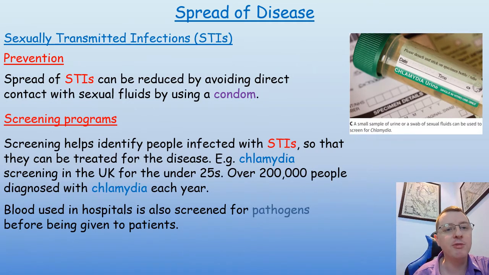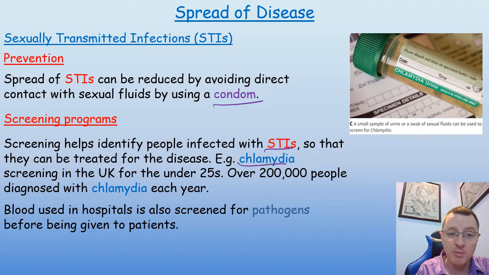So how can we prevent sexually transmitted infections? Well, the spread of STIs can be reduced by avoiding direct contact with sexual fluids by utilising a barrier method such as the condom. Screening programs also help to identify people who are infected with STIs so that they can be treated for the diseases.